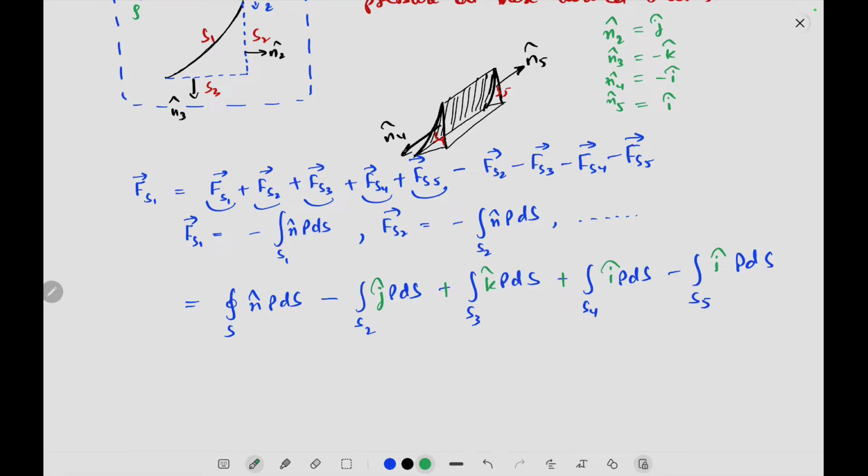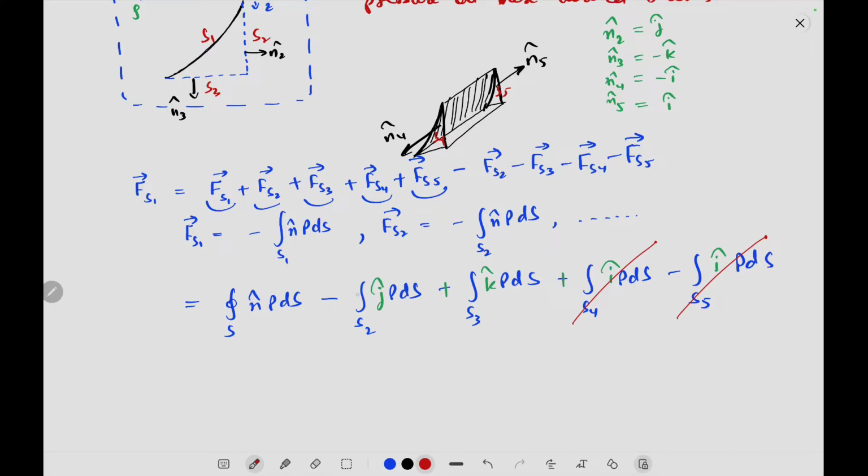But since the area vectors are in opposite directions, the force vectors would also be in opposite directions, right? And that's why from this part also it is clear that one is positive, the other one is negative, so these two terms would cancel out and we'll be left with these three terms now.